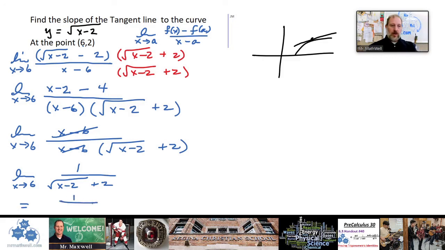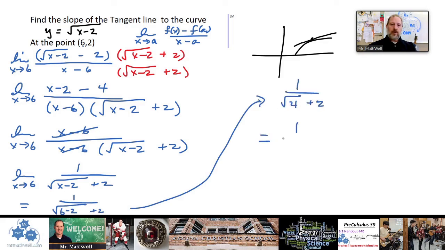So this is 1 over root 4 plus 2, or 1 over 2 plus 2, which is 1 over 4. Signs should be okay here. It looks like the slope of this tangent line is positive 1/4, which makes sense if we look at the graph we sketched earlier. Okay?